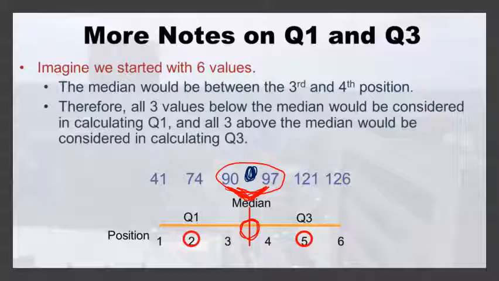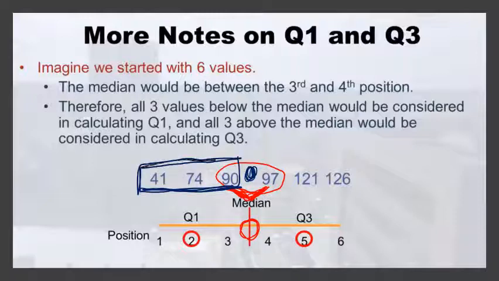When you look for your Q1, you're going to be reusing this 90. You're not crossing it out. You have to use it. Then you find your median from this set, and this is easy because it's technically an odd number of numbers. So your median is going to be 74 in this case.